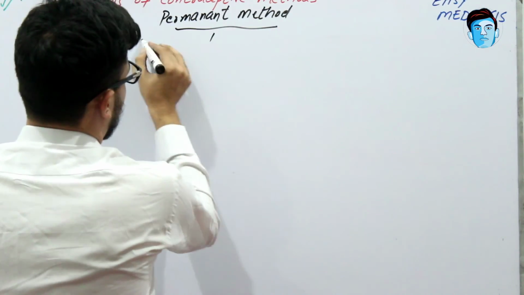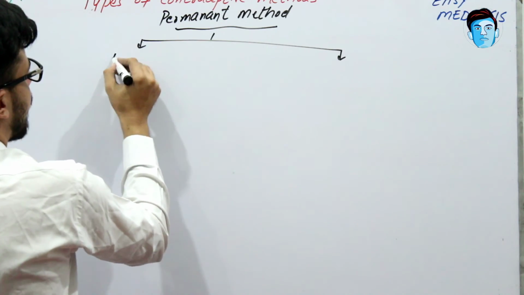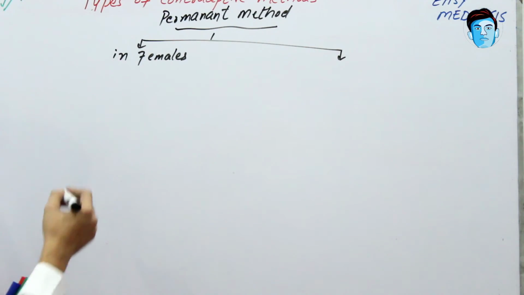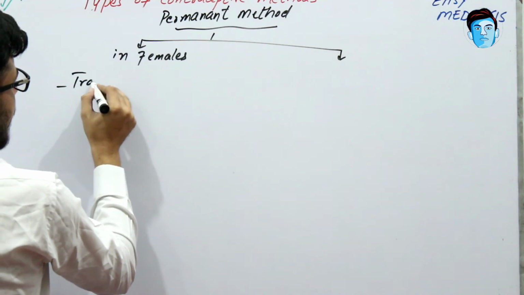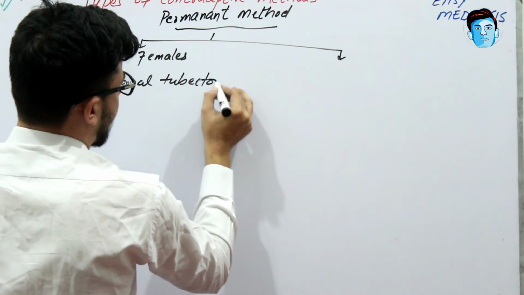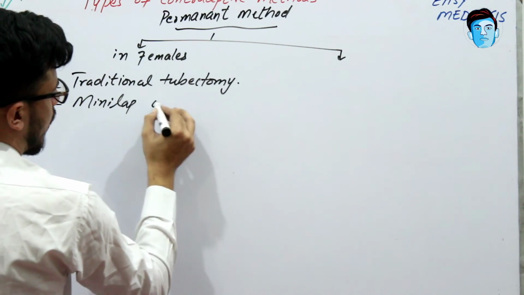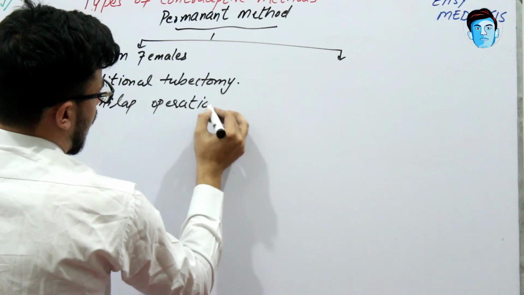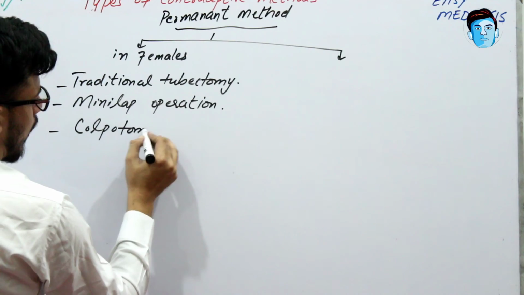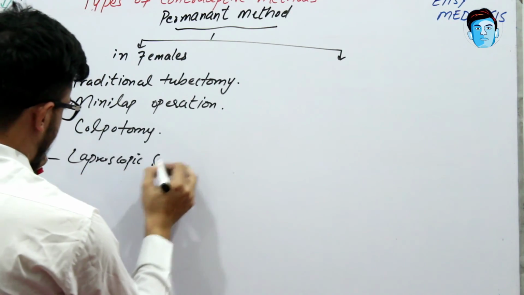It is divided into two forms. In females, what are the permanent methods of contraception? That is traditional tubectomy, mini-lap operation, colpotomy, and laparoscopic sterilization.